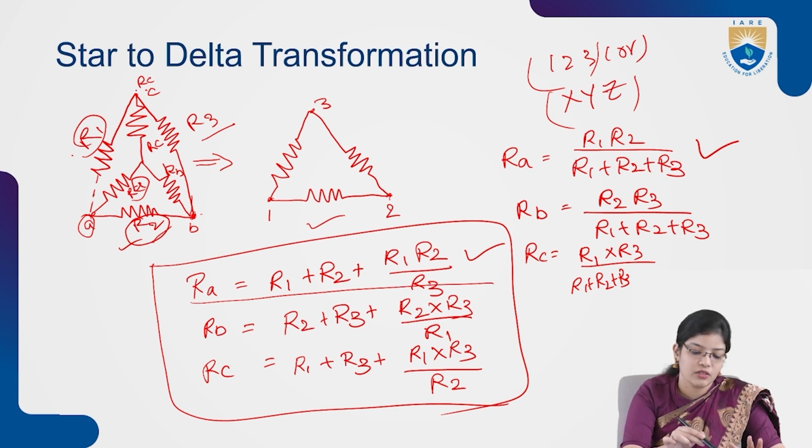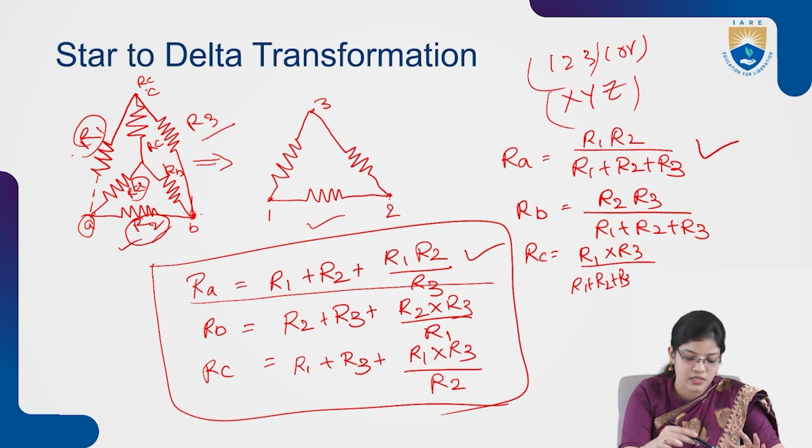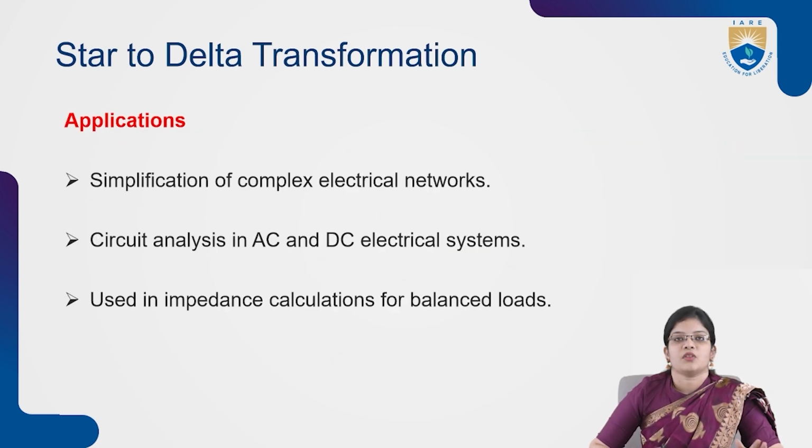In the same fashion, for node 3, R1 and R3 are connected. So we are going to add these two resistances, multiply these two resistances, and divide with the opposite resistance.